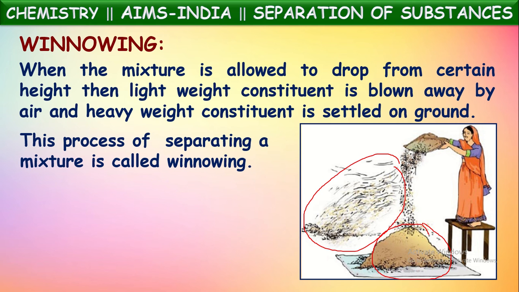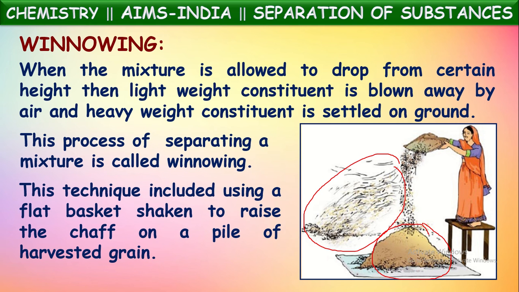Okay, this process of separating a mixture is called winnowing here. So this technique included using a flat basket shaken to raise the chaff on a pile of harvested grain. Yes, they have used a flat basket here. See, this flat basket is used. So into this, the mixture of grain and husk is taken. Then standing at a certain height, they shake this flat basket.